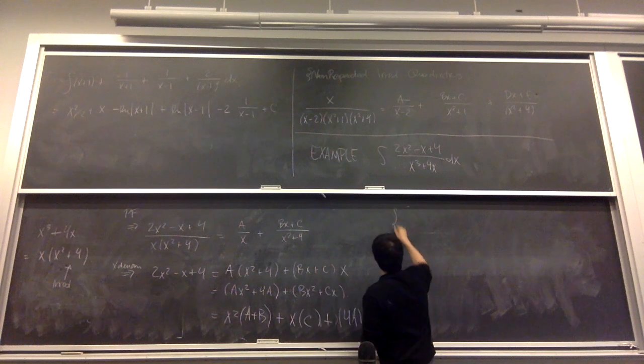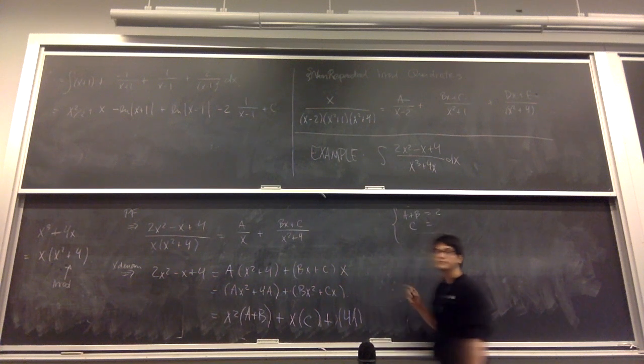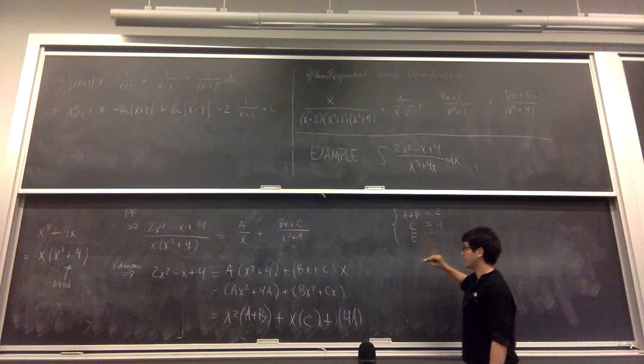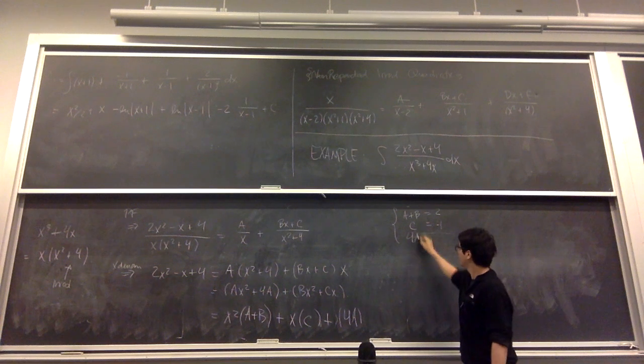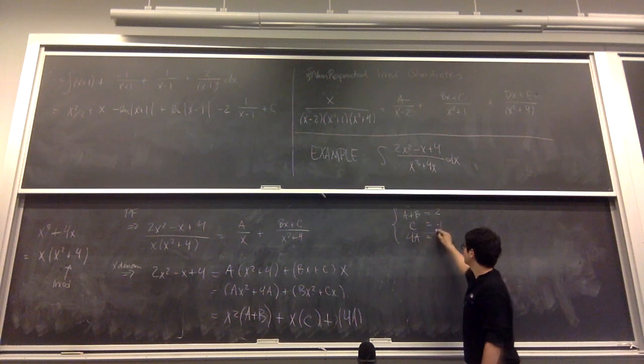So you end up generating the system. A plus b is what? 2. C has to be what? Minus 1. And 4a has to be what? 4.